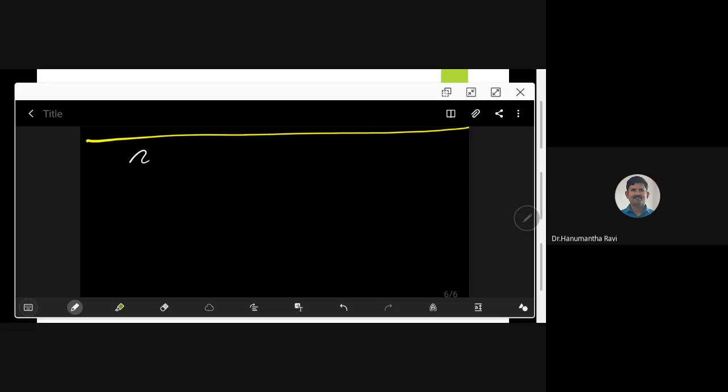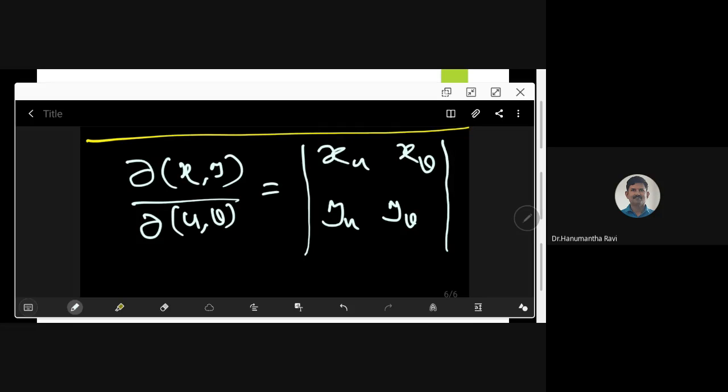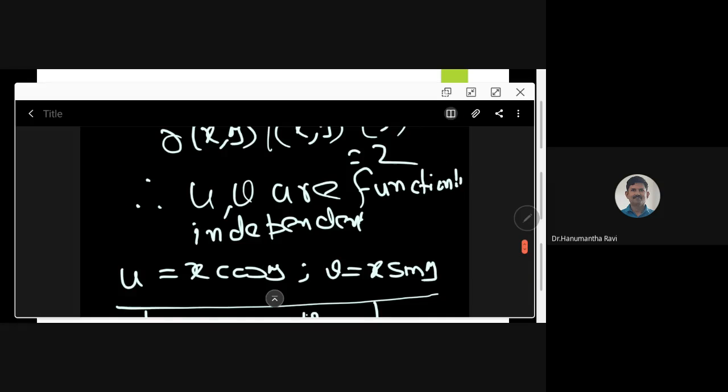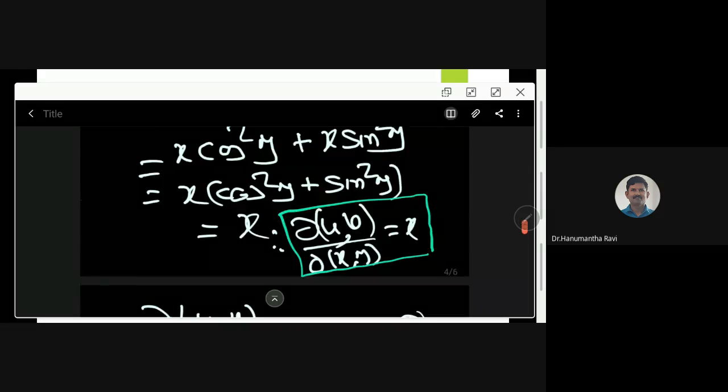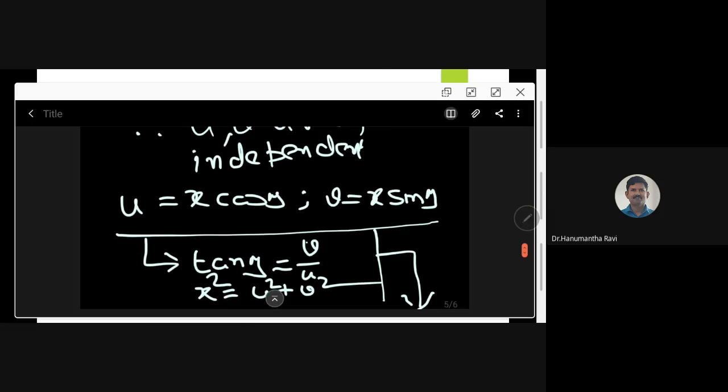If you want dou xy by dou uv, then how can that be written? That is the determinant of xu, xv, yu, yv. This is how one can write. So what is xu here? Dou x dou u, I am telling. Where is that in our relationship? See here, dou x dou u, I wrote here.